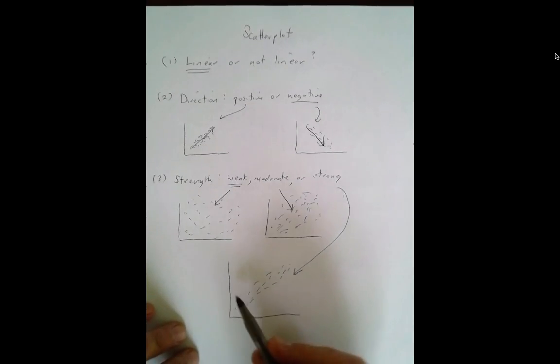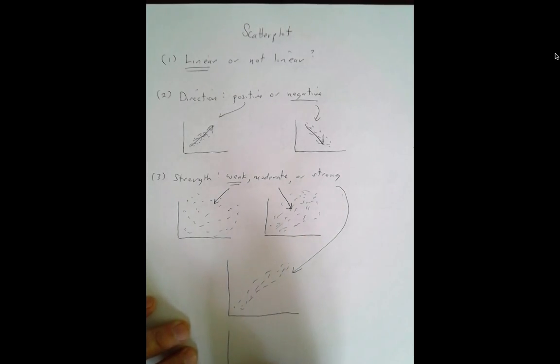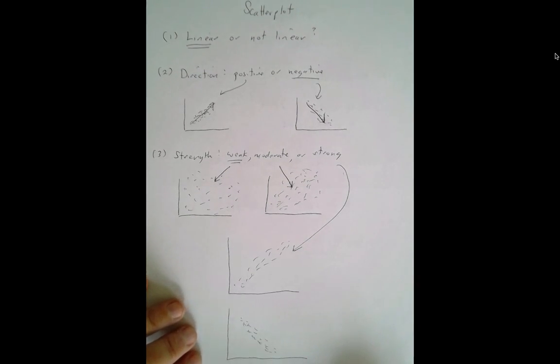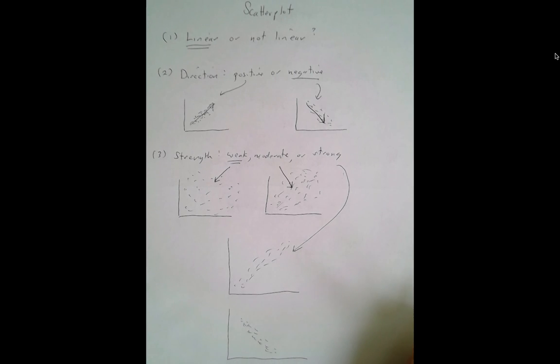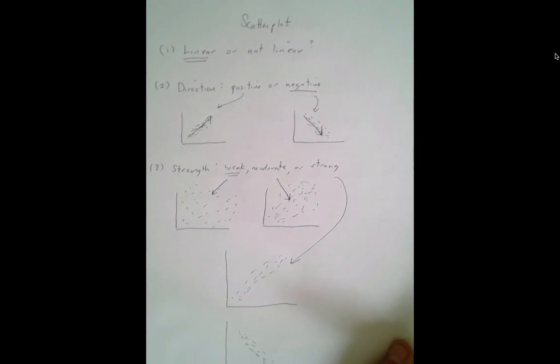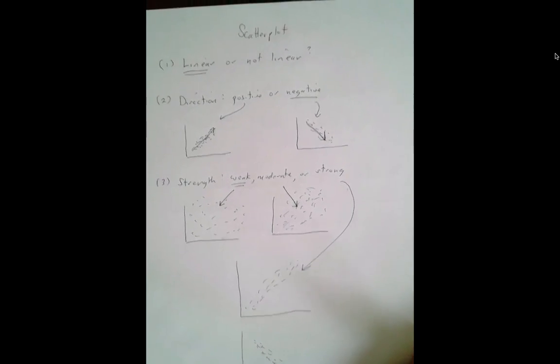So we could have a strong positive, or we could have a strong negative relationship. So these things are pretty straightforward to learn, especially when you start getting a few pictures and you're able to compare them.